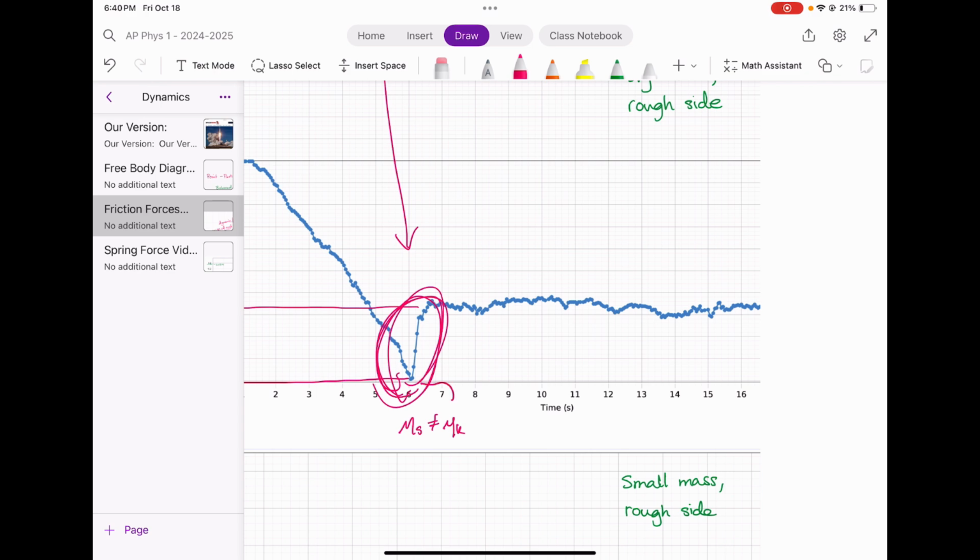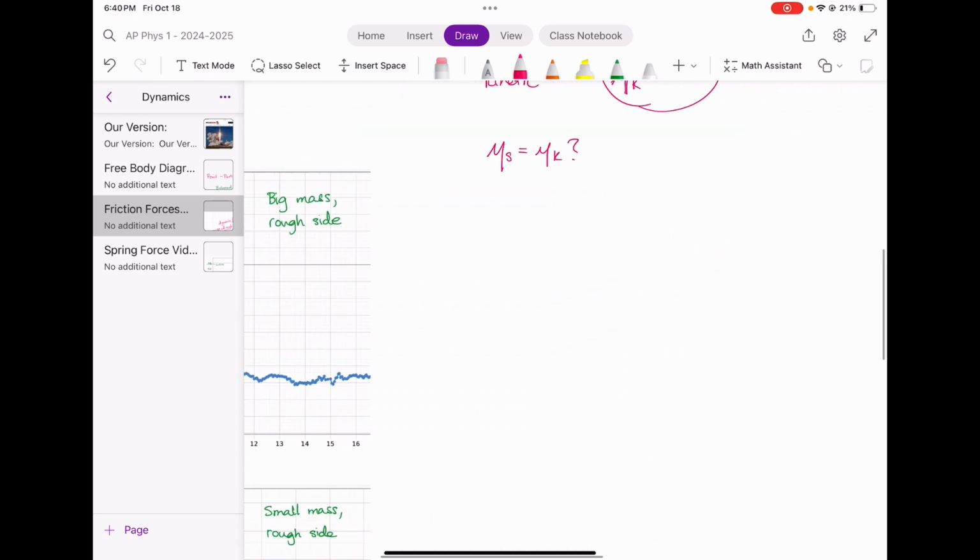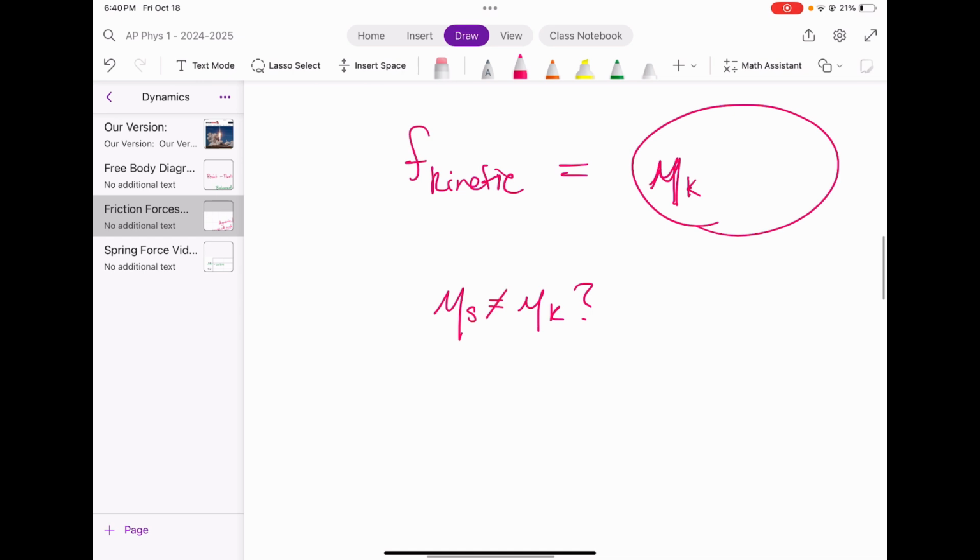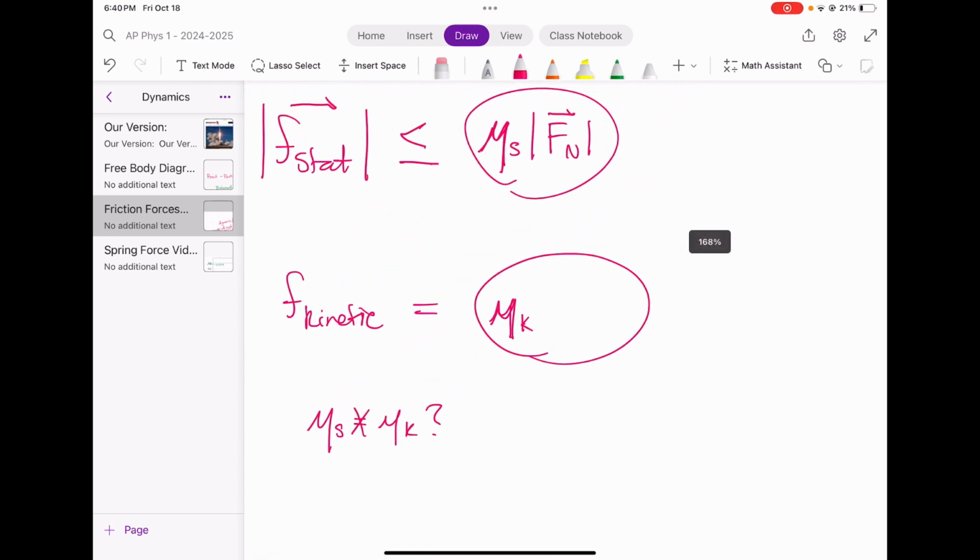Because all that's happening here is I'm just pulling at this transitional period with maybe 0.01 newtons more of force, and the moment the mass moves just a little bit, the frictional force jumps down a lot. So essentially the normal force has remained constant, the surfaces are the same, but we're getting an incredibly different value for the frictional force.